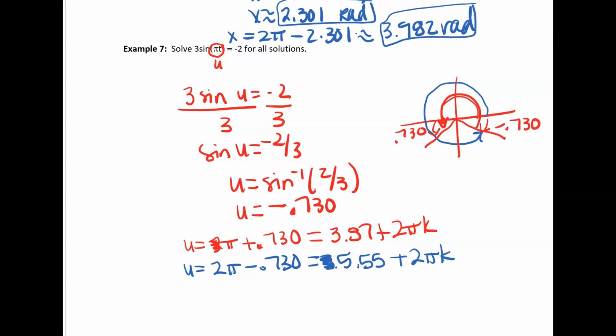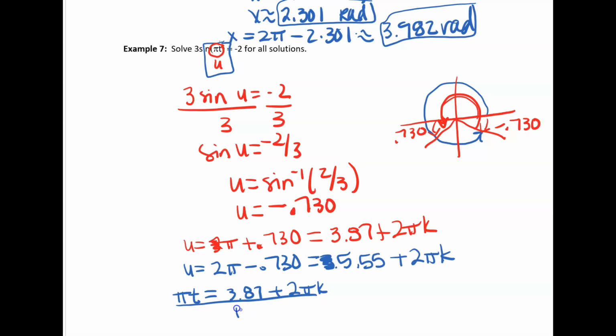Now that answers u. And so what we have to do is convert this back to our t's, and we said that u was equal to pi t. And so I'm going to say pi t is going to be equal to my first answer, 3.87 plus 2 pi k.